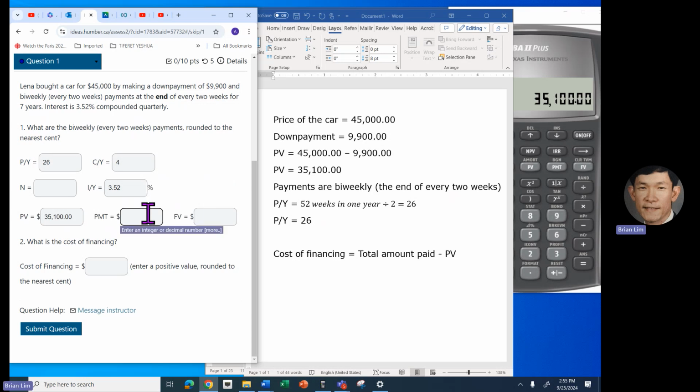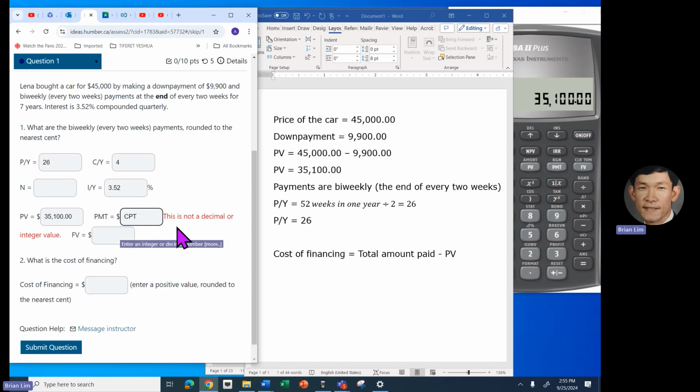Payment is what we wish to calculate, because it asks for the biweekly payments. The future value will be 0 because the amount owing has to be paid off. It is a loan of $35,100.